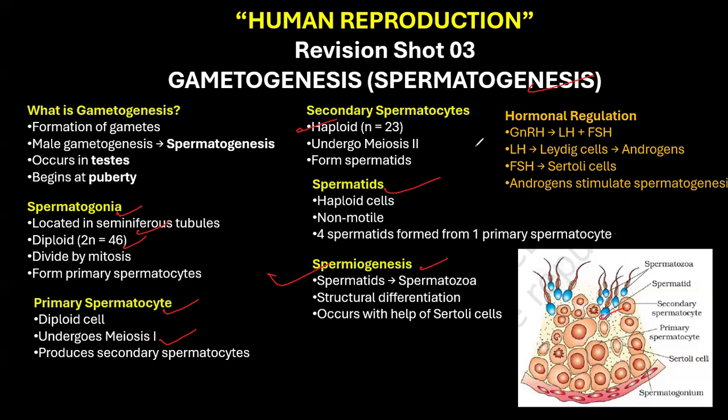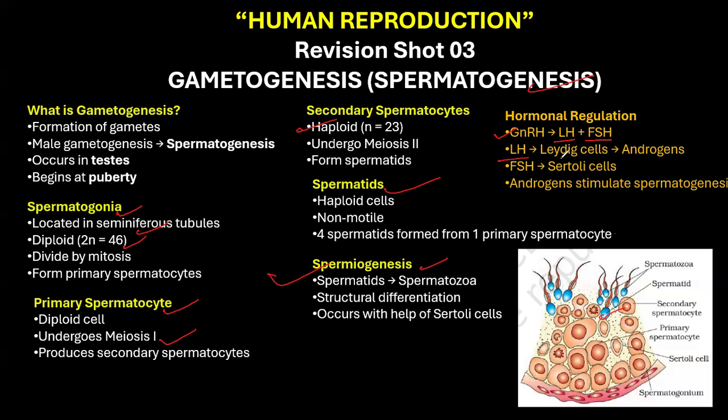Now about hormonal control, how all these things are controlled hormonally. At puberty, the hypothalamus releases GnRH. This GnRH stimulates the anterior pituitary to release LH and FSH, luteinizing hormone and follicle stimulating hormone.